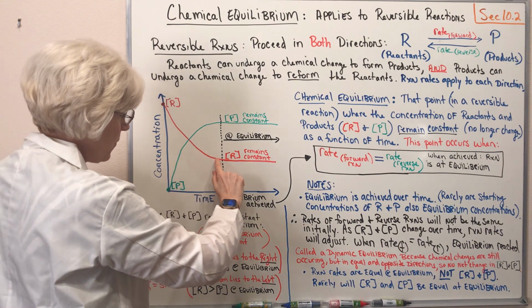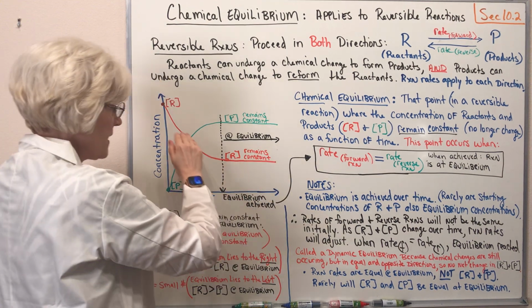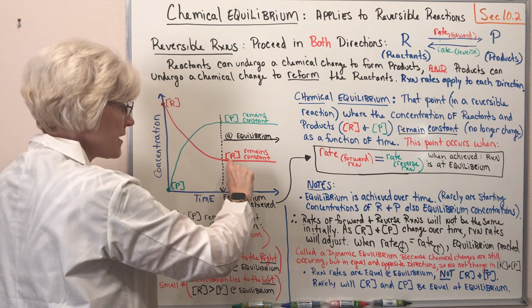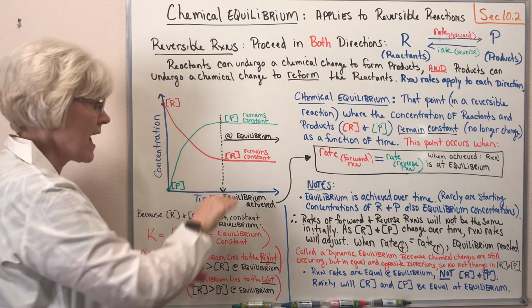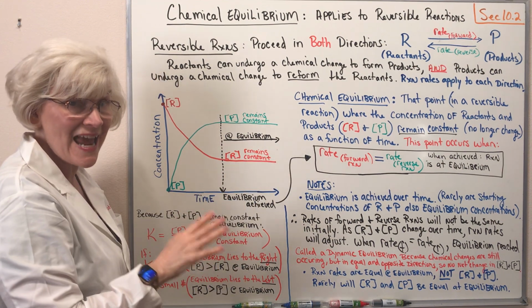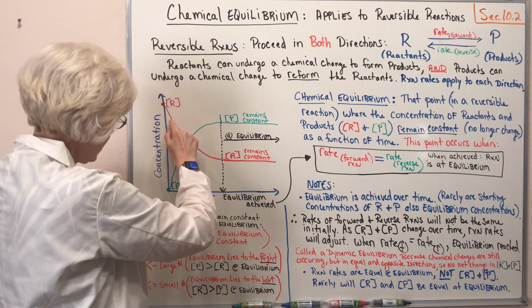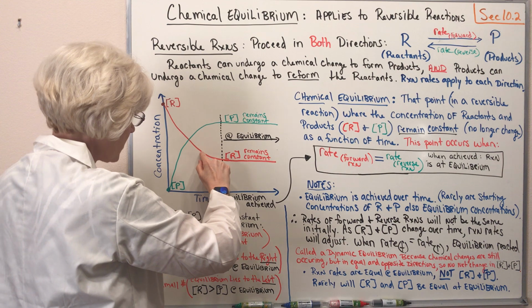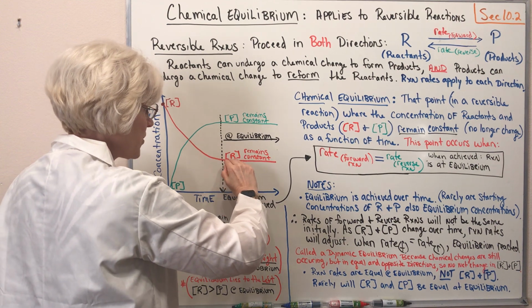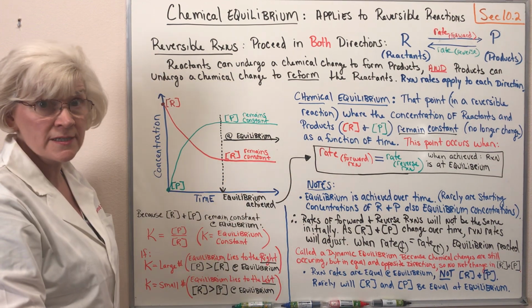And that's why these curves, instead of continuing to change, flatline and reach what we call a steady state, where the concentration of reactant that decreased initially over time reaches a value where it holds constant.